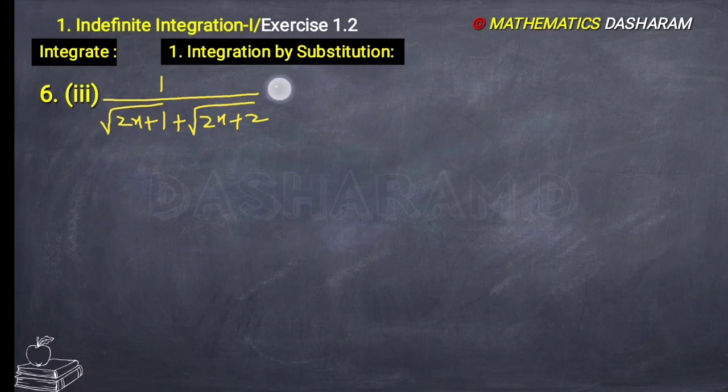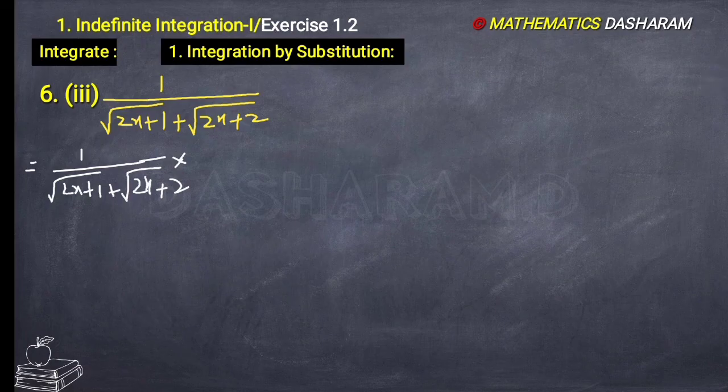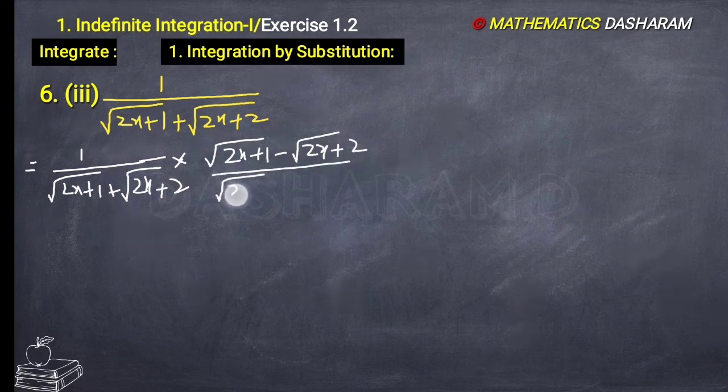Third problem, 1 by root 2x plus 1 plus root 2x plus 2. So here multiply and divide with root 2x plus 1 minus root 2x plus 2, divided by root 2x plus 1 minus root 2x plus 2.